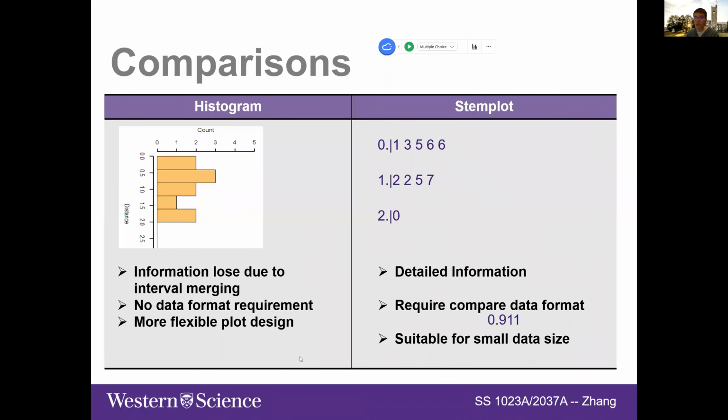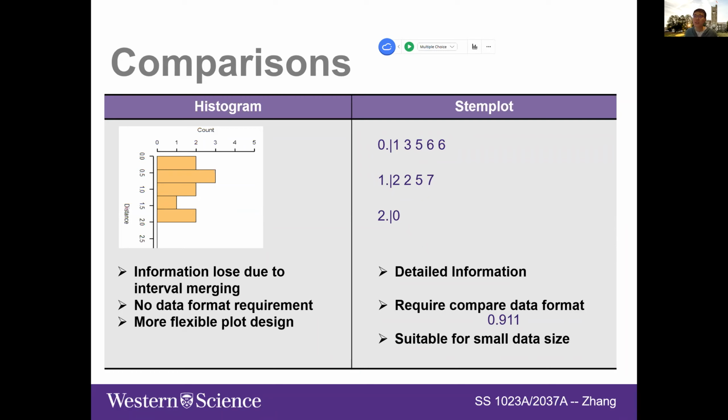Okay, if you don't have any questions, I'm going to go ahead with another type of graph. So far, we have seen how to use the histogram and stem plots to describe the distribution of our data set.